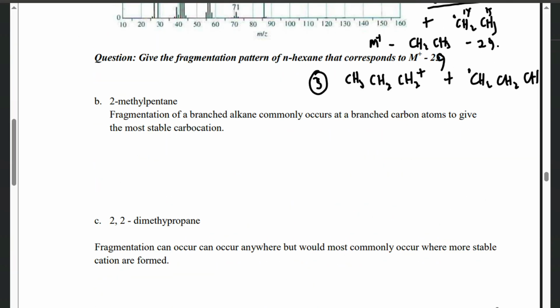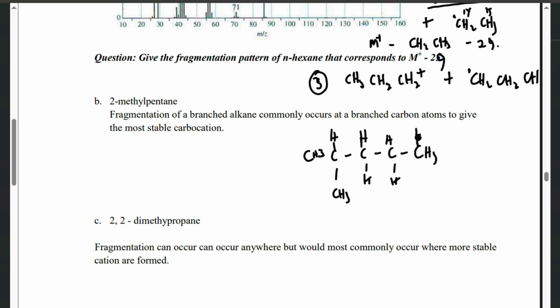Let's see another fragmentation. Let's say we have 2-methylpentane. The fragmentation of branched alkanes commonly occurs at the branched carbon. Pentane is 1, 2, 3, 4, 5. We have a 2-methyl, right? This one is CH3, this one is H, and H, and this one is CH3.